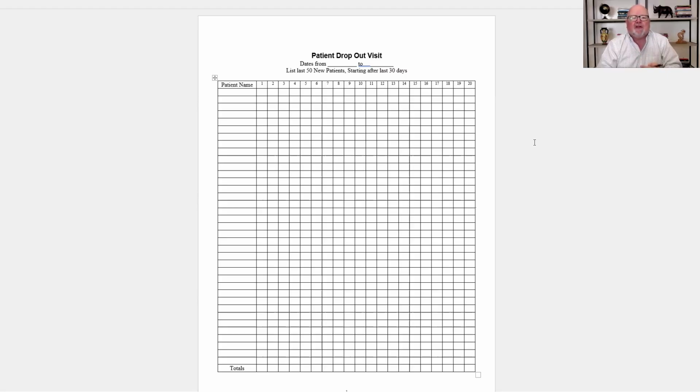So do not include the last 30 days or you'll have a fake statistic. Okay. So go back at least 30 days, and that's the starting point. And then from that point going backwards, list your last 50 new patients. And don't cheat. List them on there. That's how you're going to find real problems.